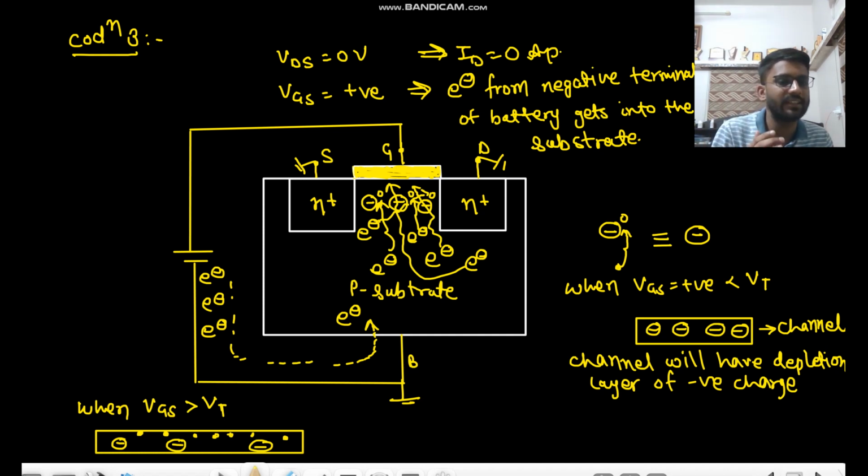Now what we have done is that we are making the P substrate look like an N substrate. In the P substrate, we are making an N channel. So we are inverting the P substrate, and this layer is called the inversion layer. Inversion layer is formed.